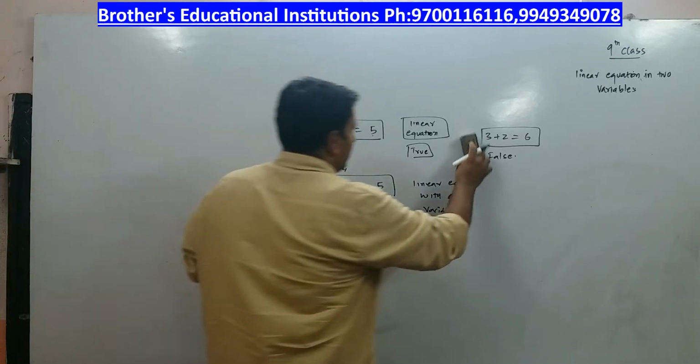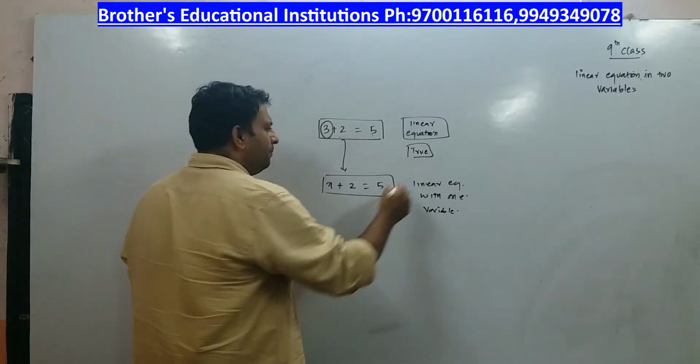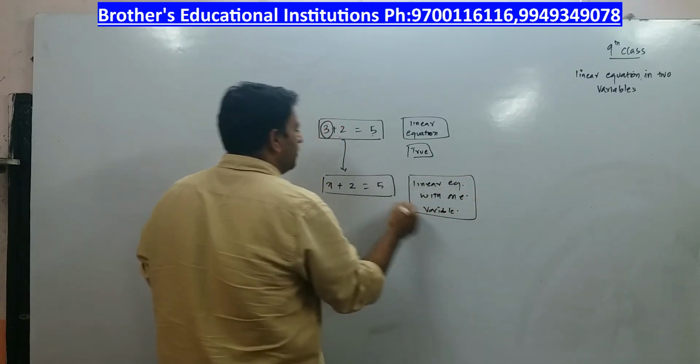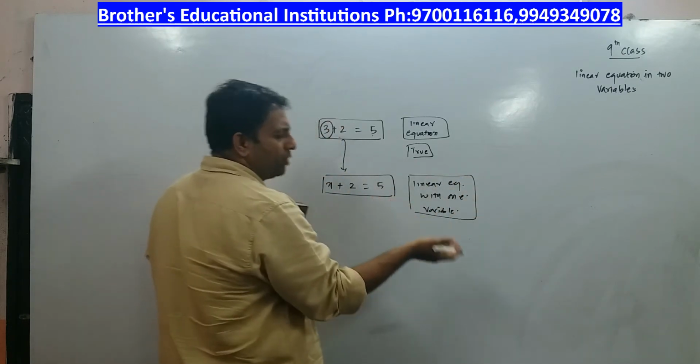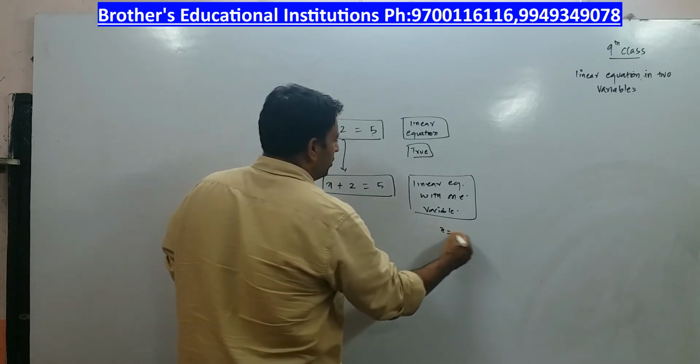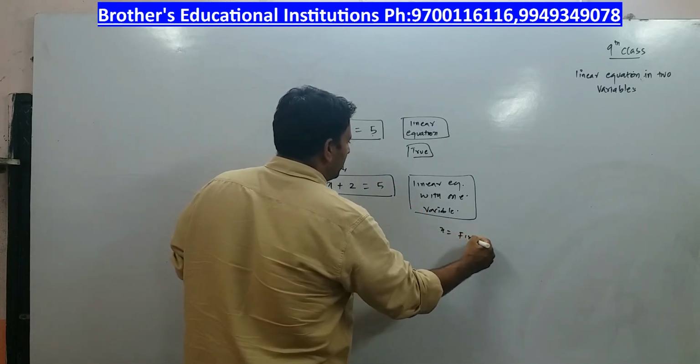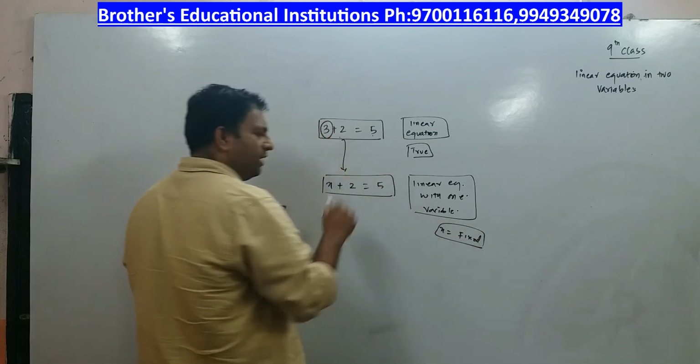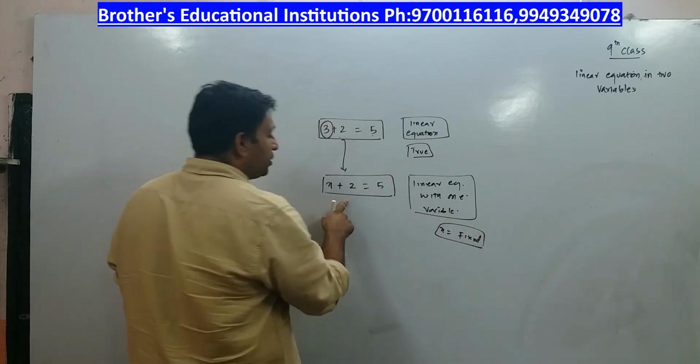And when you are dealing with a linear equation with one variable, the value of the variable is fixed. There is no question of true or false. Based on this, you will get x is equal to a fixed value all the time which satisfies this given equation. Right? This is called a linear equation with one variable.